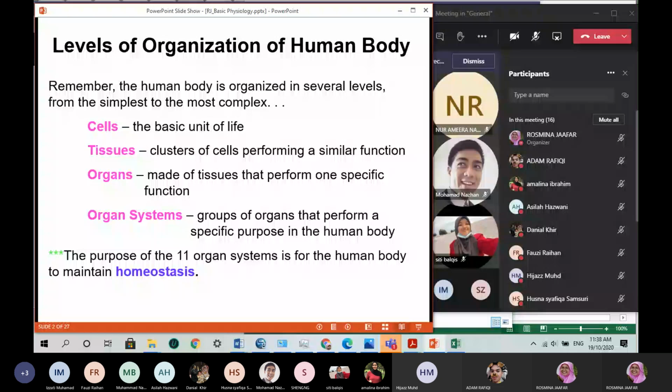The human body is actually organized in several levels, and scientists have identified basically 4 levels.